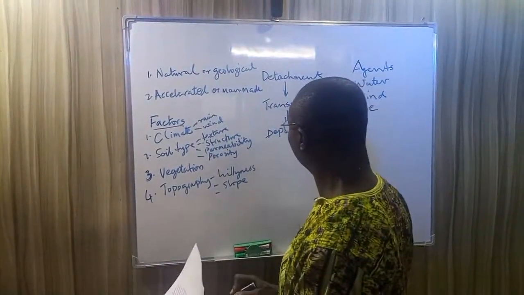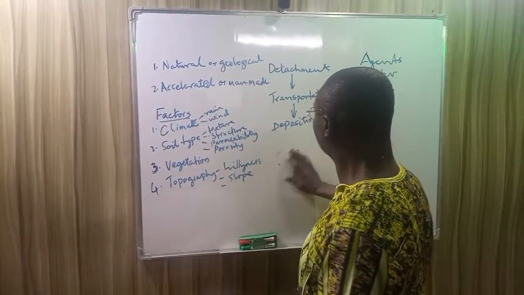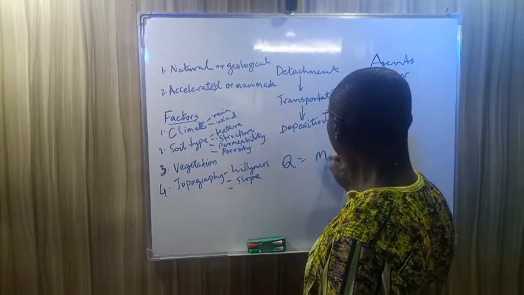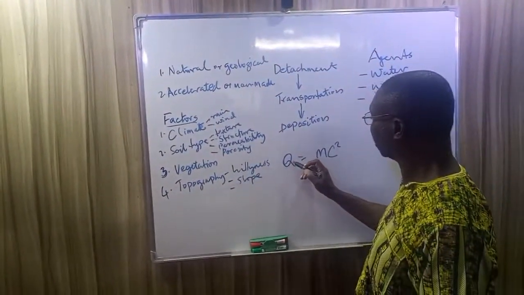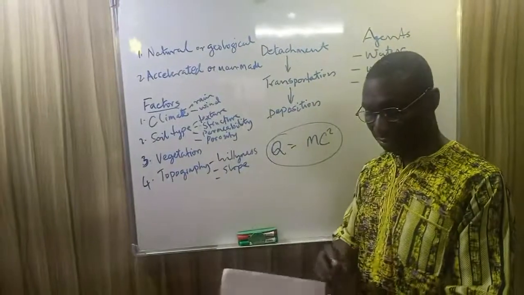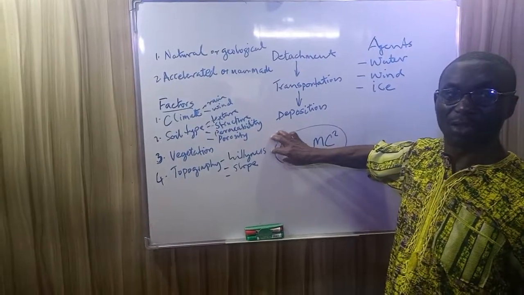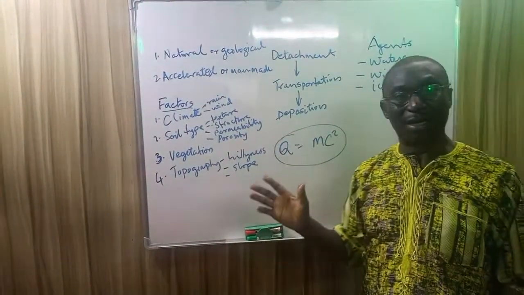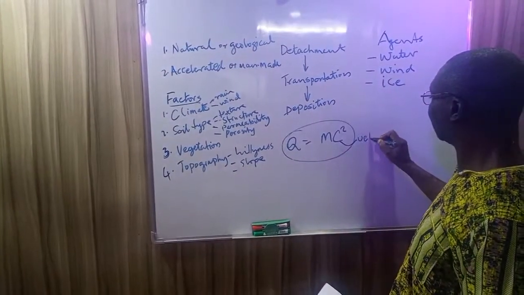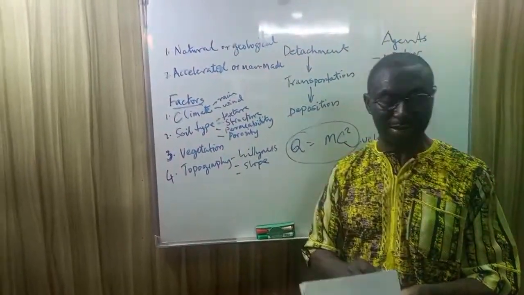For instance, the detachment is related to the strength: the Q, the flow, the discharge of the running water, MV squared. This represents the velocity. So if it is high, the detachment will be high.